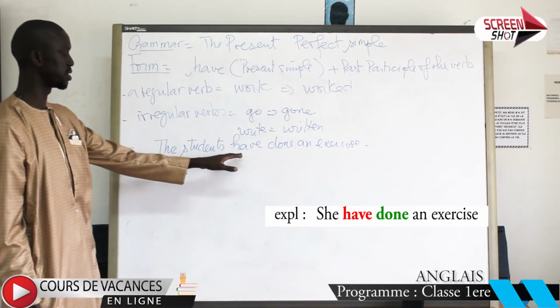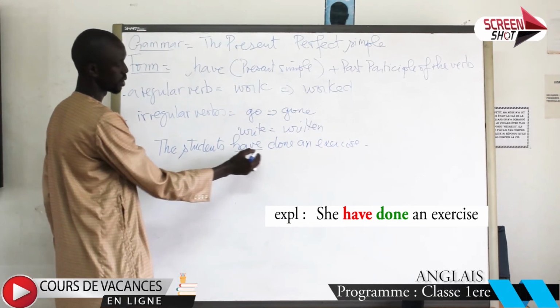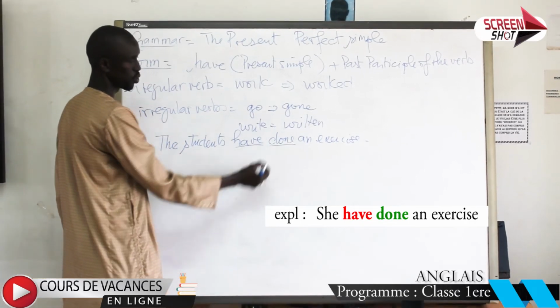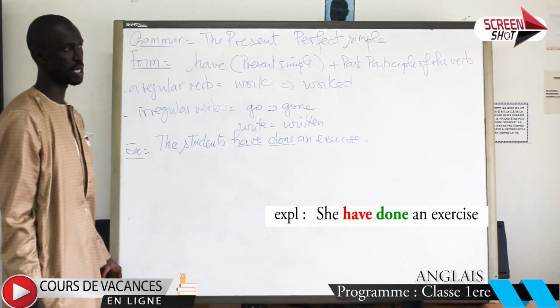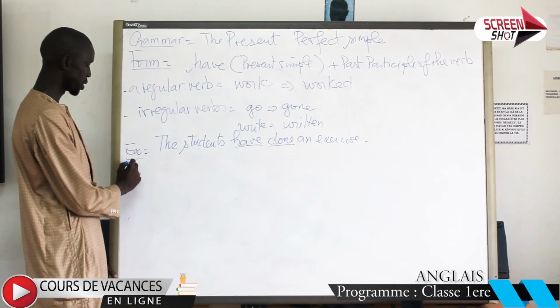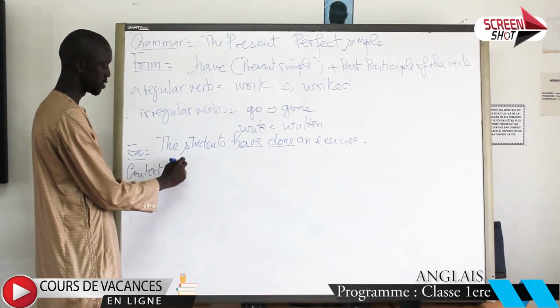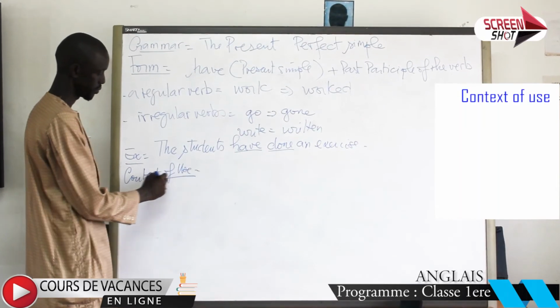So here we have the present perfect. We have the auxiliary to have in the present simple and the past participle. To do, we have did, the preterite, and the past participle is done. So now we have the context of use, when we have to use the present perfect tense.